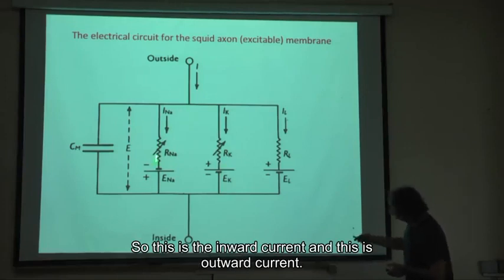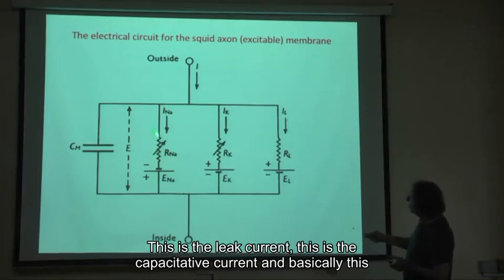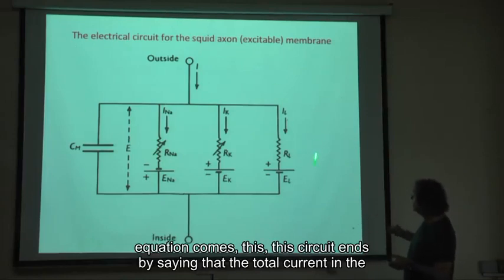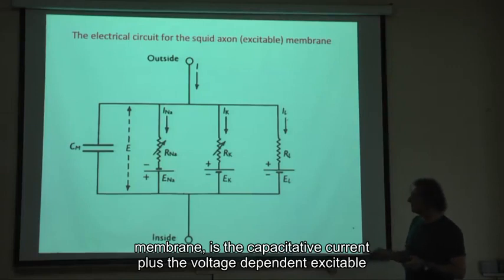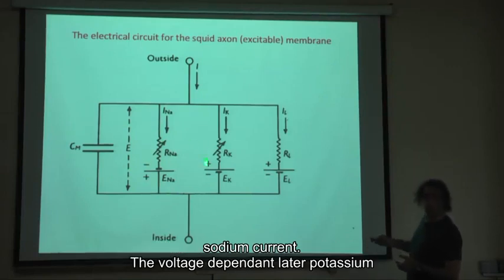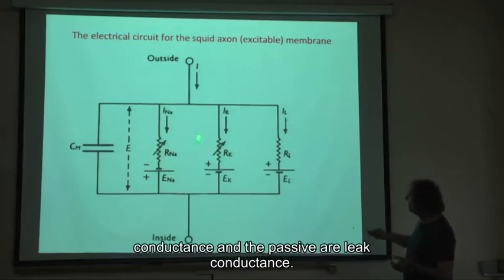So this is the inward current, this is the outward current, this is the leak current, this is the capacitative current, and basically this circuit ends by saying that the total current in the membrane is the capacitative current plus the voltage dependent excitable sodium current, the voltage dependent later potassium conductance, and the passive R leak conductance.